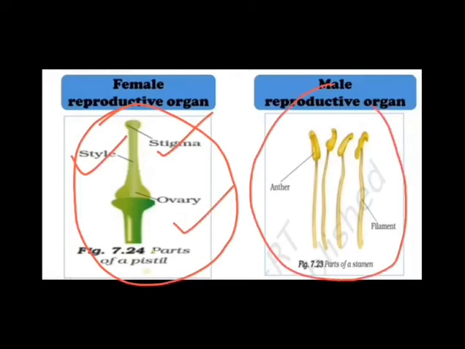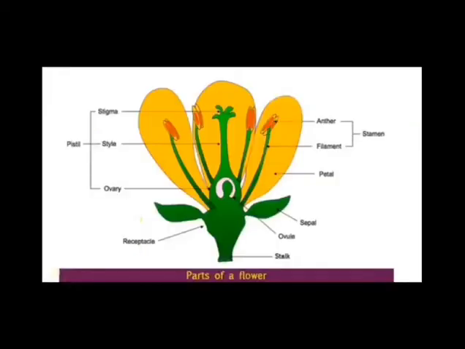Now we have understood the different parts of a flower. These colored parts are known as petals. These are sepals. This part is the stigma, this is the style, and this is the ovary, and all these parts together are known as the pistil.